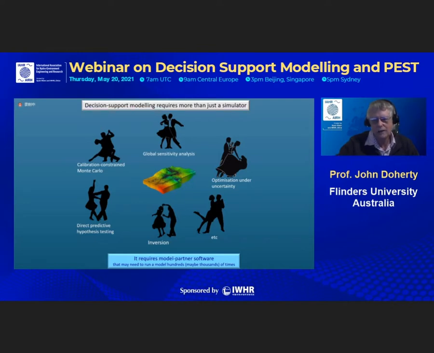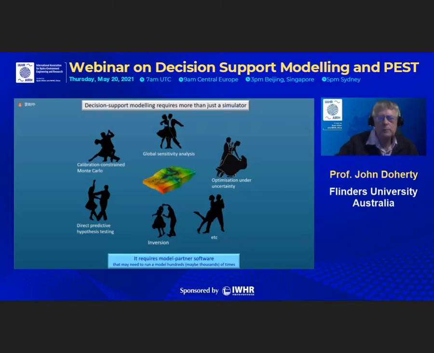Simulation is one tool among other tools that are essential ingredients of decision support modelling. And these other tools, well, they're like PEST, PEST++. As Alberto said, I wrote PEST. PEST++ is written by the next generation, Jeremy White and people who are working with him, and Dave Welter, the original author of PEST++.